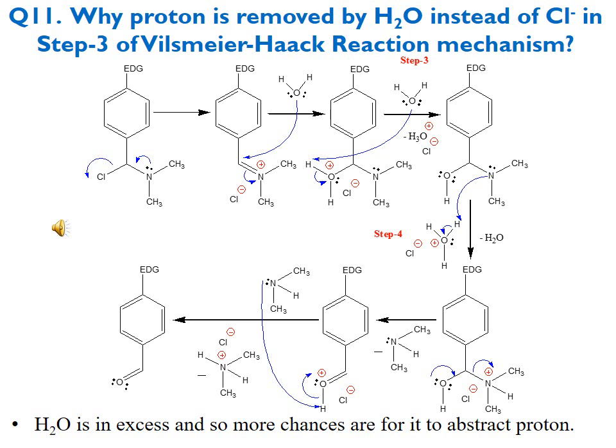Although chloride ion is also nucleophilic, and water is also nucleophilic, water is in excess as a solvent, so there are more chances for it to act as a nucleophile and abstract the proton here.